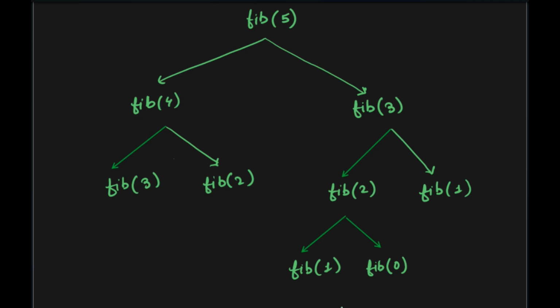So now here Fibonacci of n-1, so Fibonacci of 2, and here Fibonacci of n-2, so Fibonacci of 1, here Fibonacci of n-1, so Fibonacci of 1, and here Fibonacci of 0.